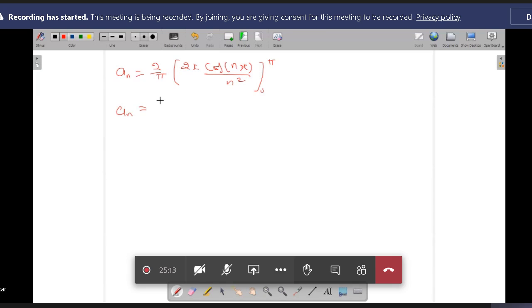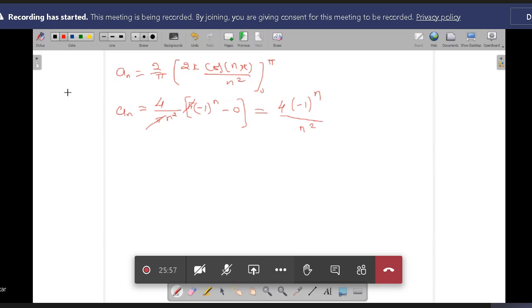Therefore an is 2 into 2, 4 divided by pi n square. n square is constant, and when you put the upper limit, you get pi into minus 1 power n. When you put the lower limit, x is 0, so that term is 0. So that becomes 4 into minus 1 power n divided by n square, pi gets cancelled. So an is 4 by n square into minus 1 power n.